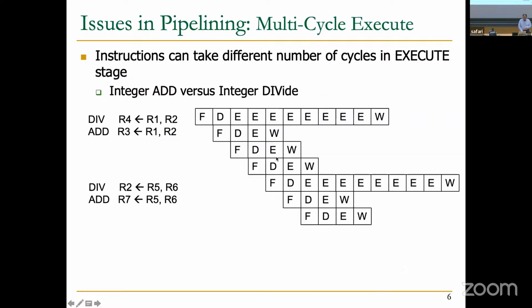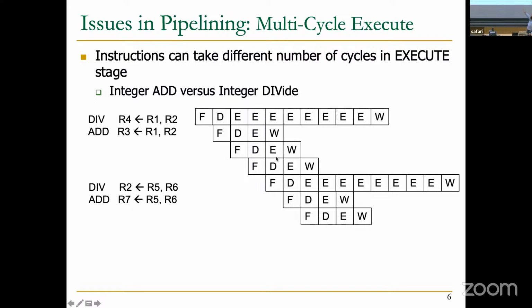Let's see this example. Here we have several instructions on the left side of this slide, like division, then addition, division, and addition, and some other instructions in between. We make a simple pipeline using this concept of multi-cycle. For example, the division is gonna take 8 cycles for execution.